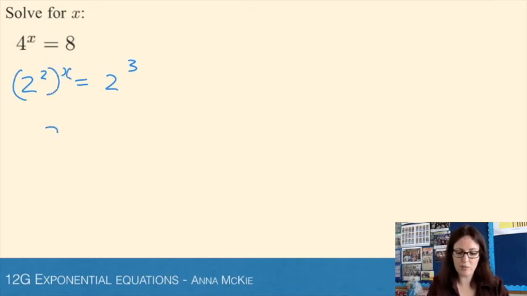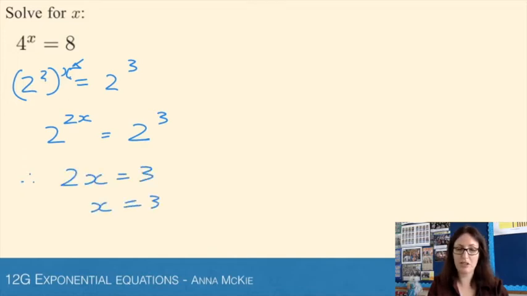But we really just want them as a base 2 and a base 2, so we need to manipulate the powers. The index laws with the brackets tell us we can make it 2 to the power of 2x by multiplying those two powers together, the 2 and the x. Now we equate the powers, therefore 2x is equal to 3, so x must be equal to 3 on 2.